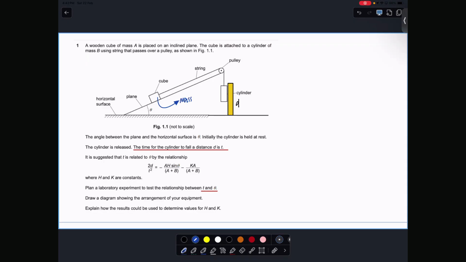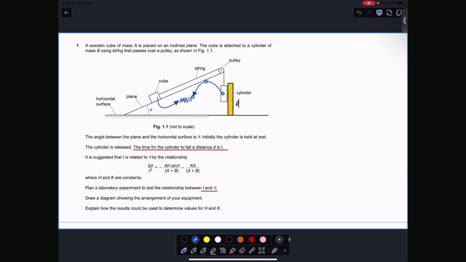What else? There should be at least 2-3 controls here. Yes, mass of the cylinder as well.